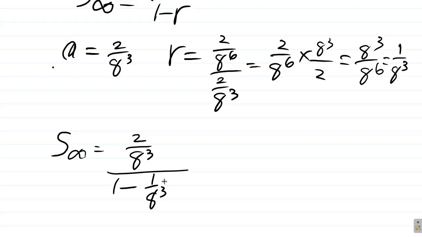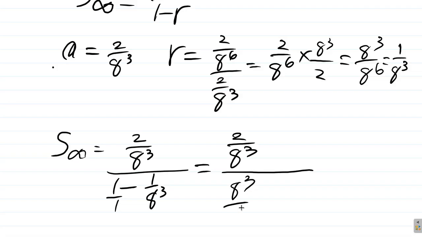If you consider it like this, 1 is the same as 8 to the 3 over 8 to the 3, just getting common denominators here.